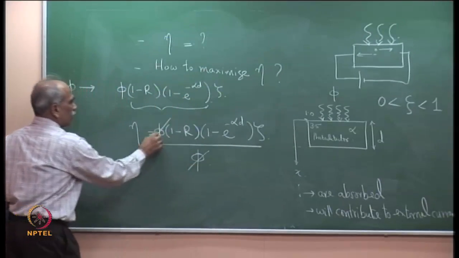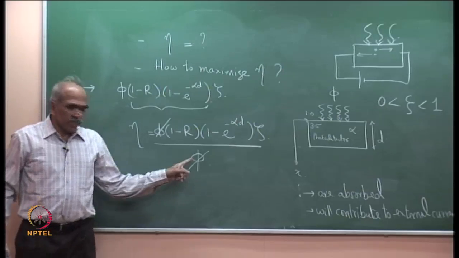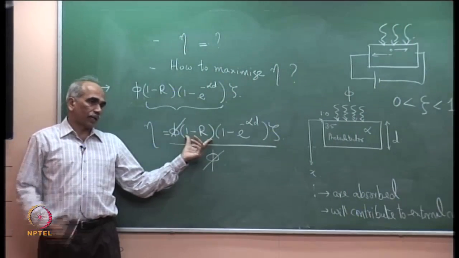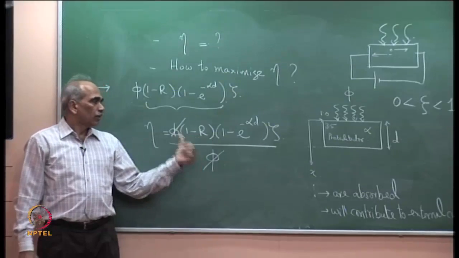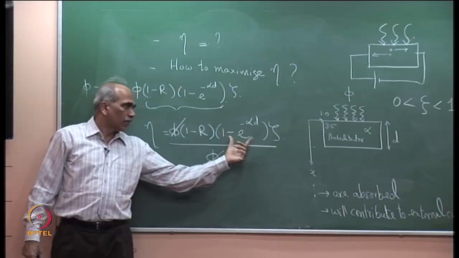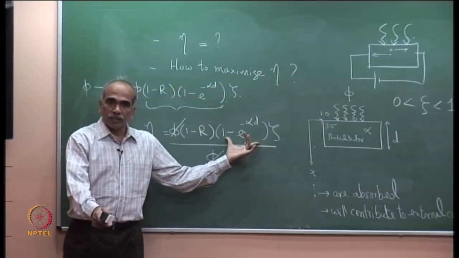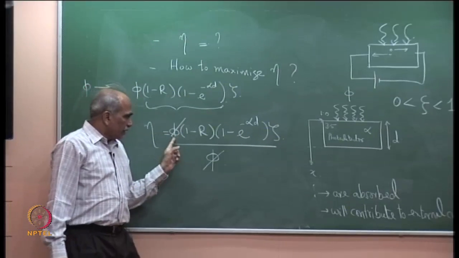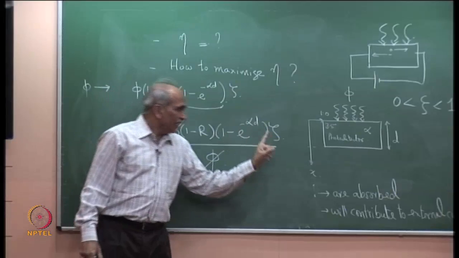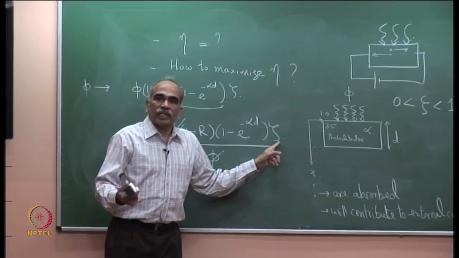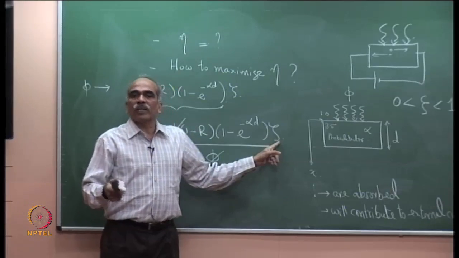The incident photon flux is phi. Phi into 1 minus R enters the semiconductor. Phi into 1 minus R into 1 minus e power minus alpha d is absorbed in the medium. Multiplied by zeta, this will be the fractional number of carriers contributing to the current.